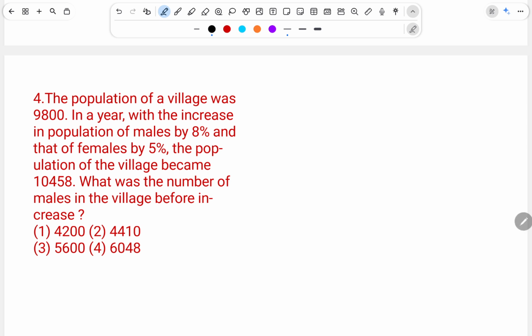So males plus females is equal to 9,800. In a year, with the increase in population of males by 8% means 108 by 100 m, plus 5% of the population, females means 105 by 100 f.